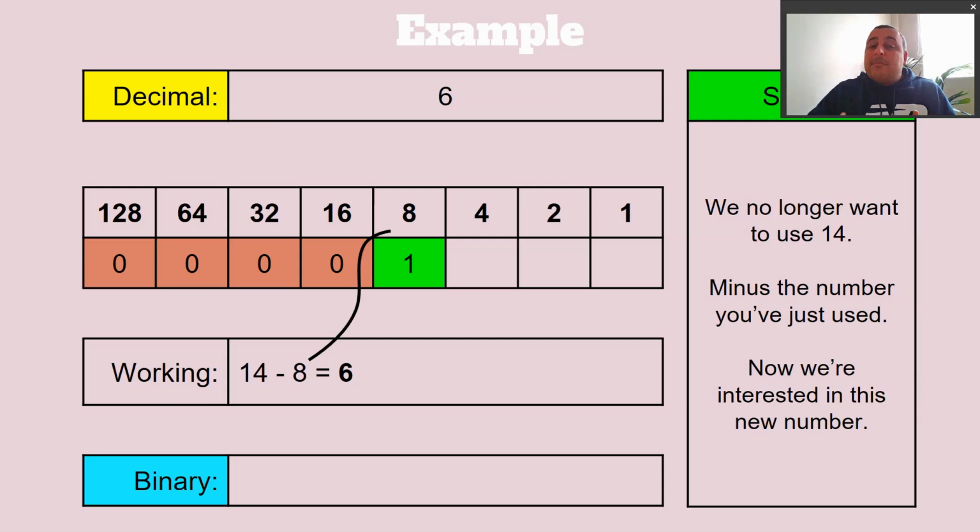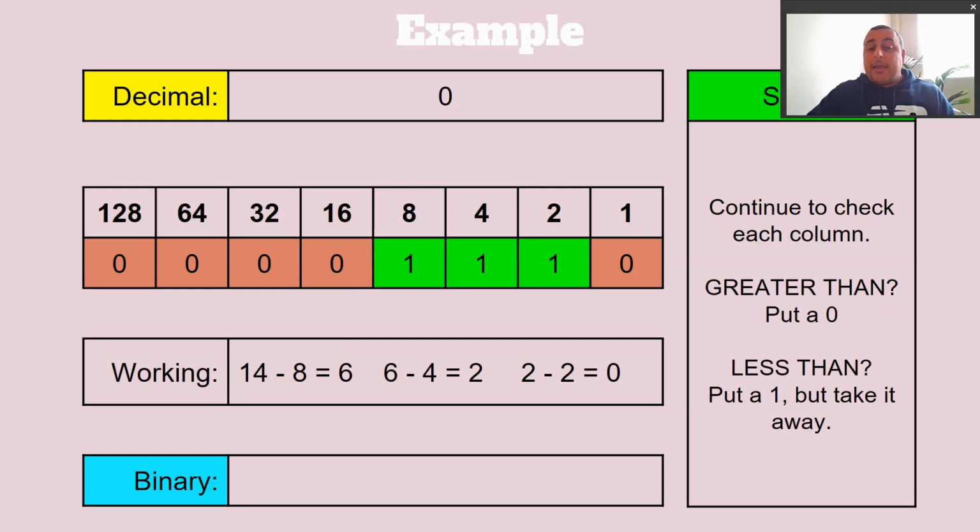Now we just do the same thing, but 6 is now our target. So is 4 less than or equal to 6? Yes, it is. So once again, we add a 1 into that column and take it away from 6. That leaves us with 2.